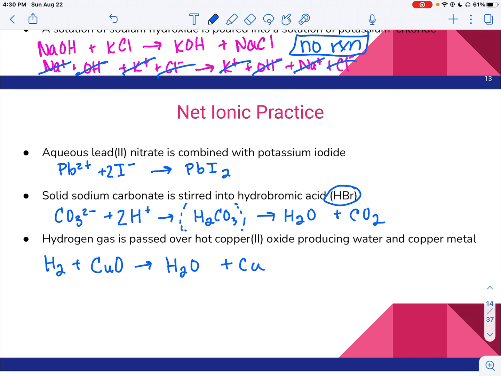You will then make carbonic acid, which we know is a phantom. That's why I put it in dotted parentheses. So it automatically becomes H2O plus CO2. And then here, hydrogen gas over copper oxide gives water plus copper. There's nothing that's going to cancel out there. Okay? So your net ionic equation is going to be the same as your regular equation.